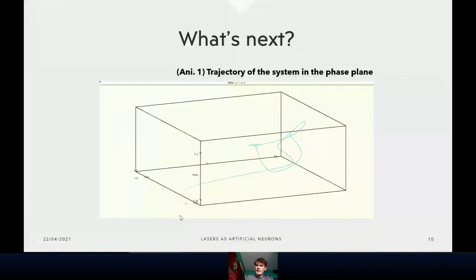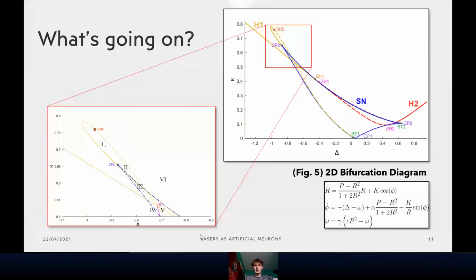So when do we even get the spiking is a good question. So this is a bifurcation diagram where I'm varying delta and k, the parameters I can physically change. And what we find is as long as I'm picking delta and k from in this loop here, I get bistability and I get the spiking region, or I get the spiking between the two stable fixed points, right?